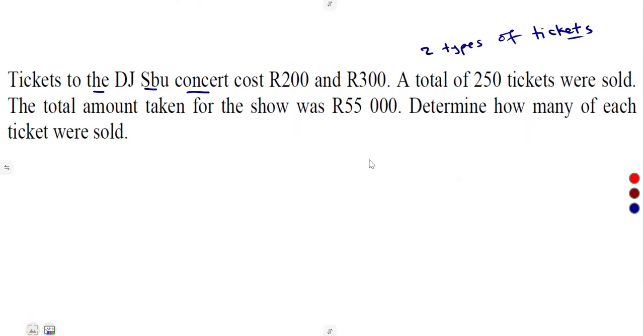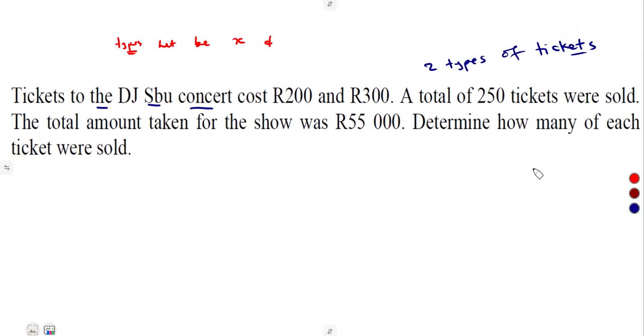So what we are saying here is the cost of another type. So let's have the types now because we do not know. Let's call the one X. So one type is going to be X. Another one is going to be Y. So the types of tickets, let be X and Y, because there are two.